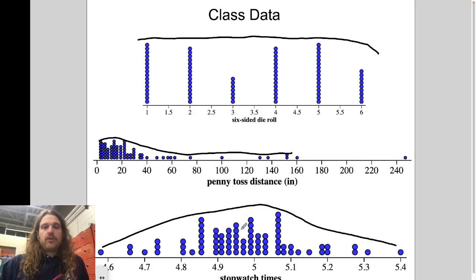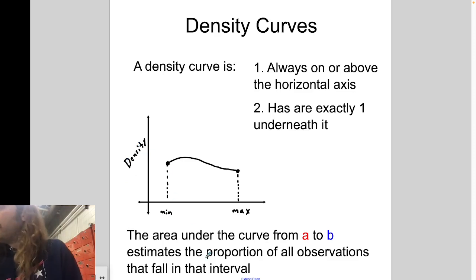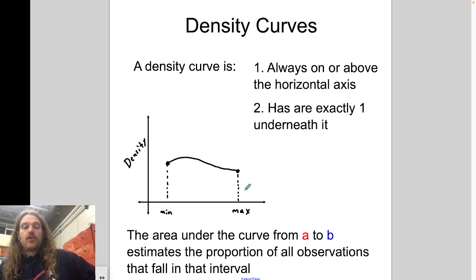But this general shape that can approximate where these observations are going to lie has a name, and it's called a density curve. A density curve is always above the horizontal axis for what we're graphing. And the density is the proportion of observations that fall in a certain region.